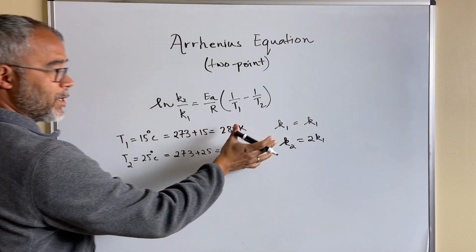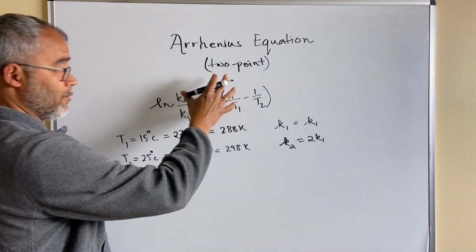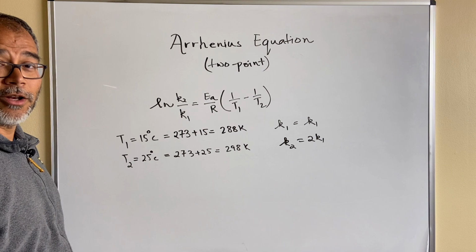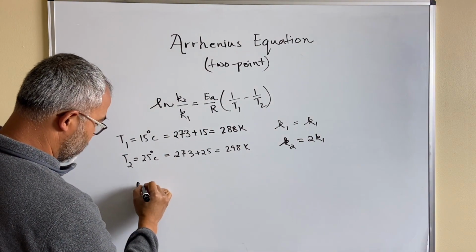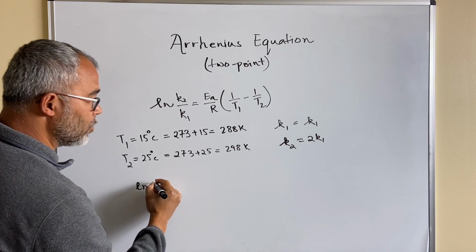Now we'll just go ahead and take this information and plug it into this form. And the question is, calculate the activation energy. So if you're trying to calculate the activation energy, we have ln of K2 over K1.